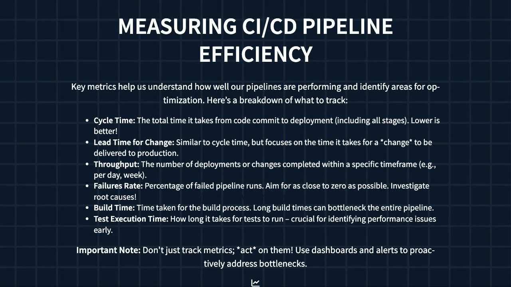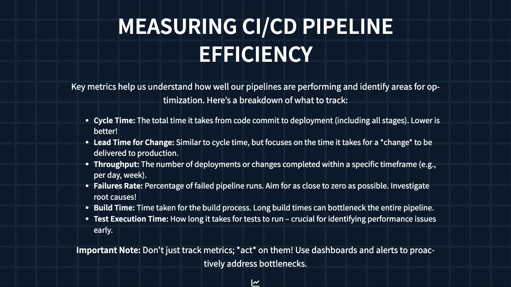Let's talk about how we measure the health and speed of our CI/CD pipelines. There are several key metrics that can really tell us a lot. First, there's cycle time, basically how long it takes from when you commit your code to when it's actually live in production. Shorter is always better. Then we have lead time for change, which looks at the entire process of getting a change into production.